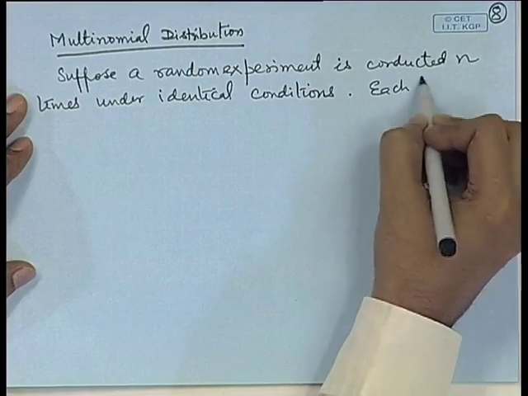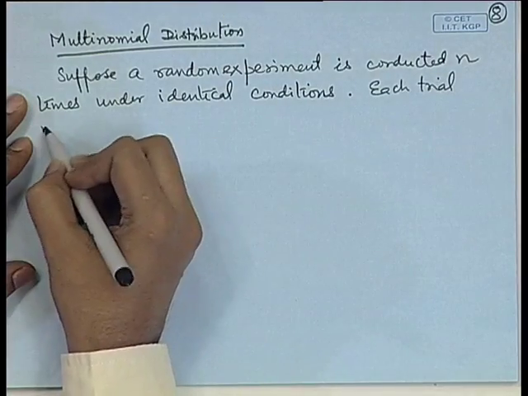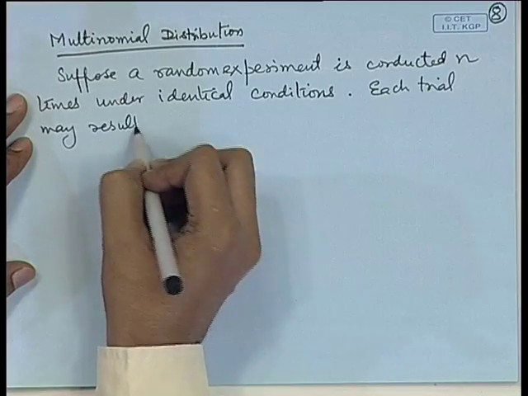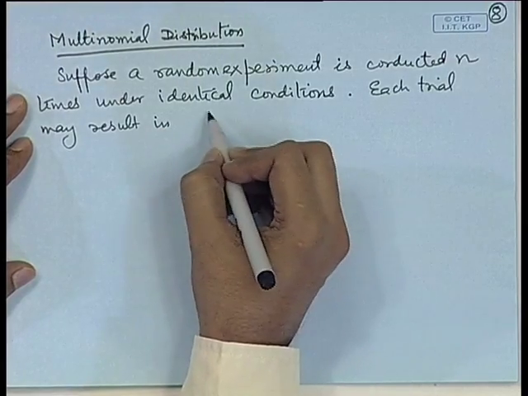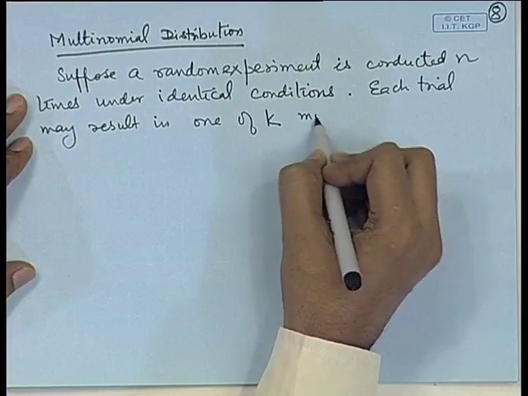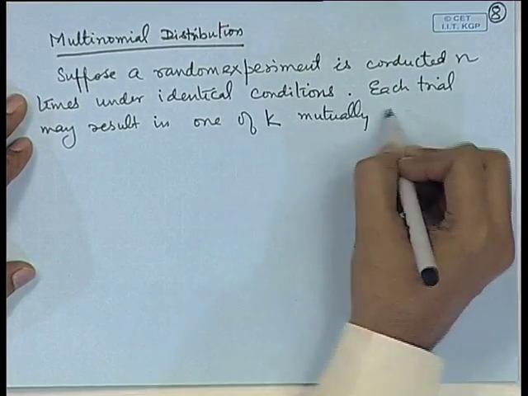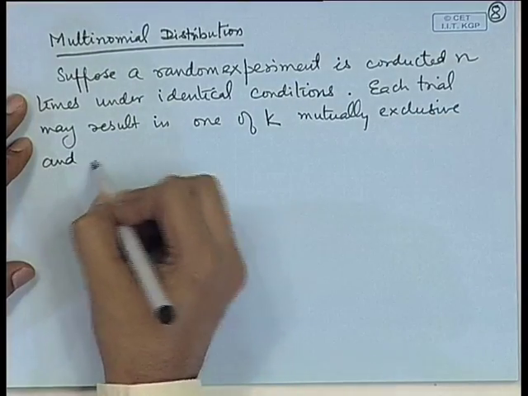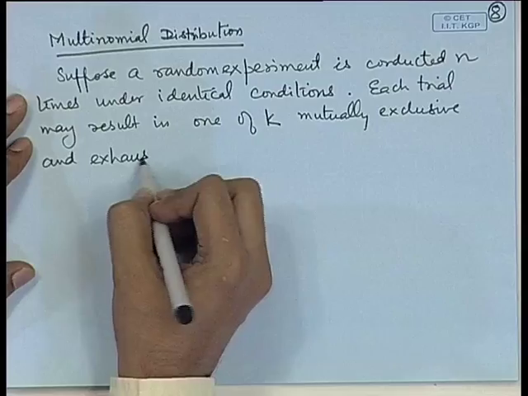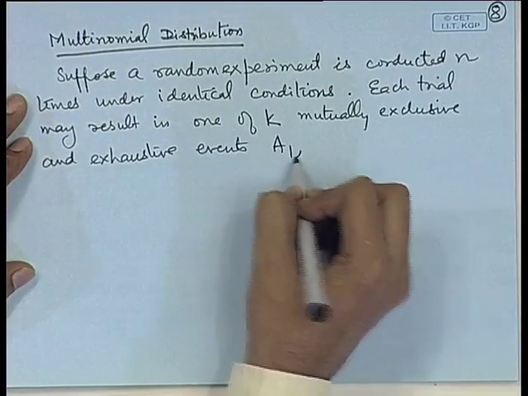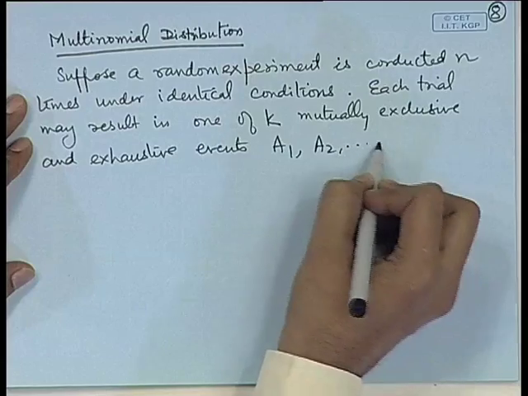Each trial may result in one of k mutually exclusive and exhaustive events. Let us call them say A 1, A 2, A k.